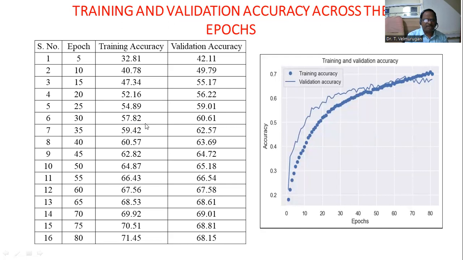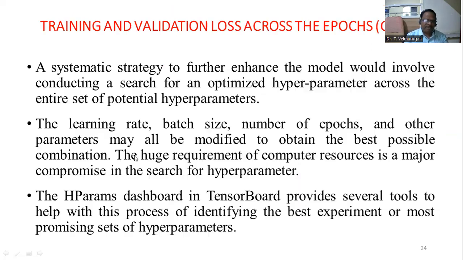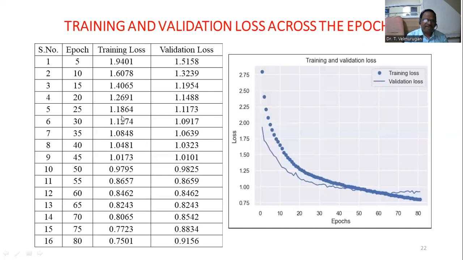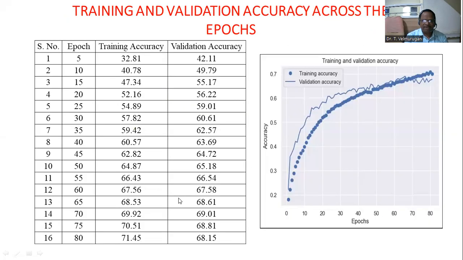Here also, based on the number of epochs, the training and testing accuracy are increased. But in this figure, the image sizes are reduced. In this approach, the accuracy of training and testing data are increased.